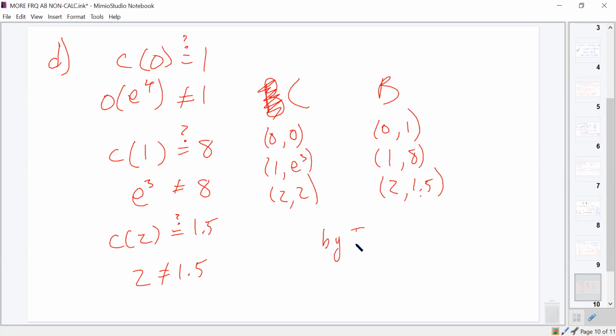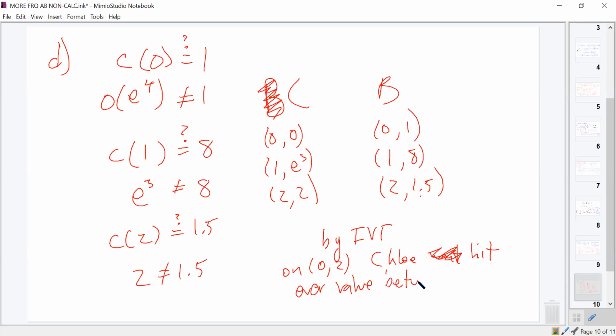So by the IVT, we could say that on 0 to 2, Chloe hit every value between 0 and 2.